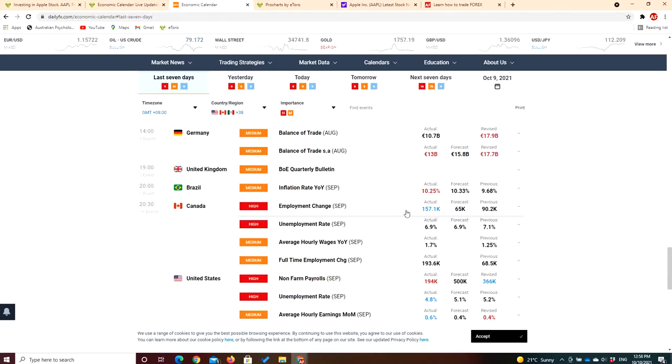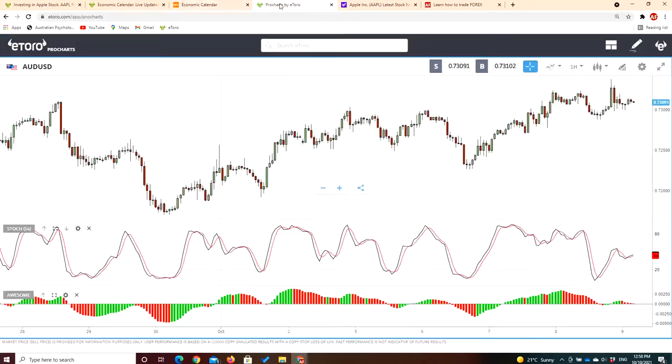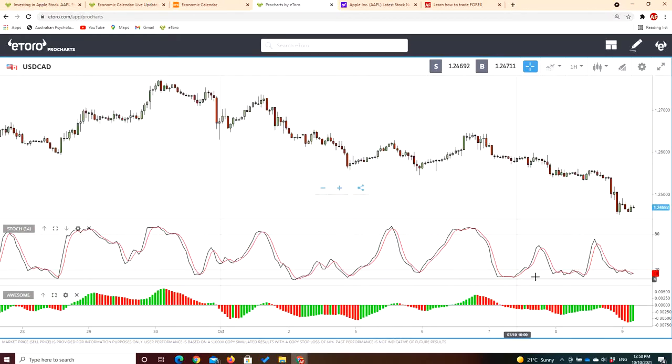Okay. So for example, for this one, let's go back to the chart and check it for ourselves. So US dollar versus Canada, for example, 8th of October, and the timing was 20 something.